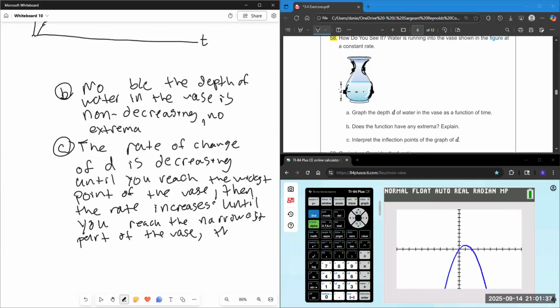Then the rate decreases until you reach the top of the vase.